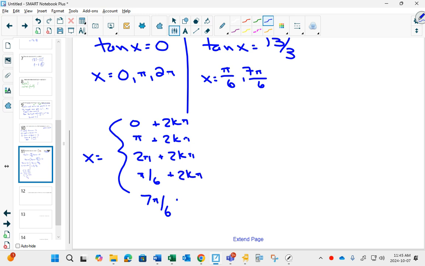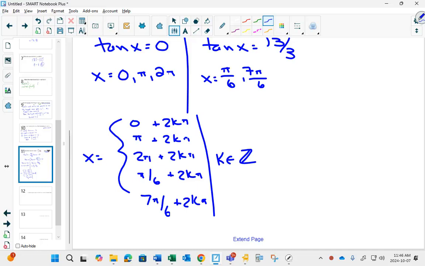There is no loss of marks for unelegance. That would be perfectly fine as a final answer, because that's our strategy. Find your answers between 0 and 2 pi. We found 5 of them. Add 2k pi to all of them.